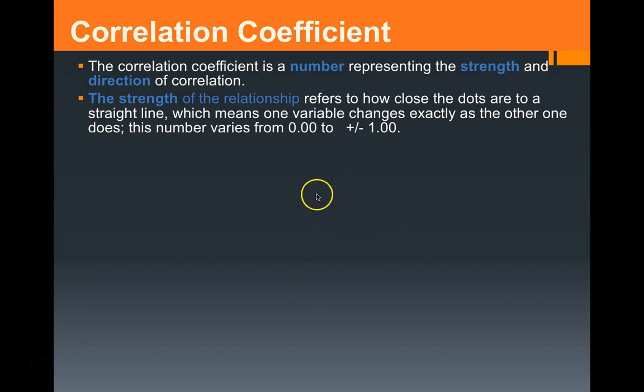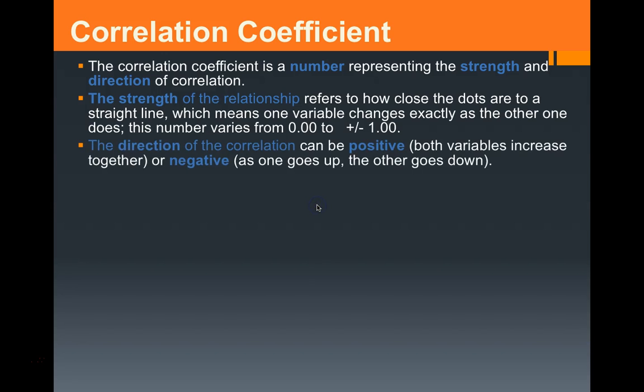The closer they correspond to a straight line, the stronger the relationship is, to the point where if there is no scatter and the dots all line up in a straight line, that would be a perfect positive correlation if the line is going from low, low to high, high, and a perfect negative correlation if it's going the other way.